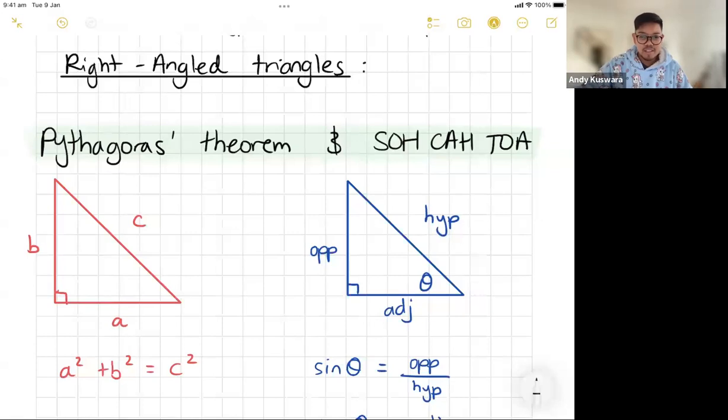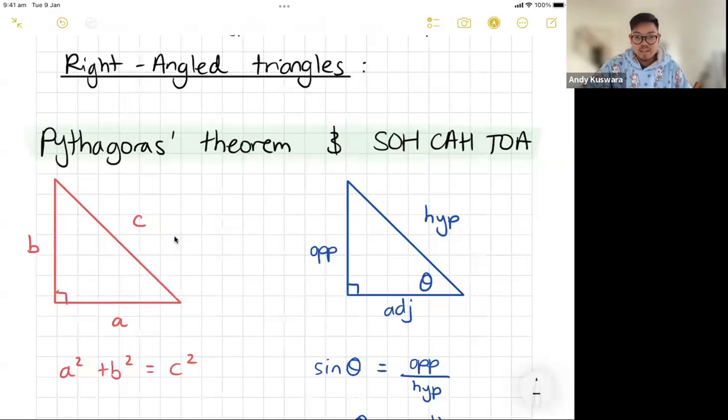Okay, so as I've got here, this is a little bit of a recap of what Pythagoras' theorem is. It's basically saying that if you square the two shorter sides and add them together, you'll get the square of your hypotenuse, which is the longest side, the side across from the right angle.